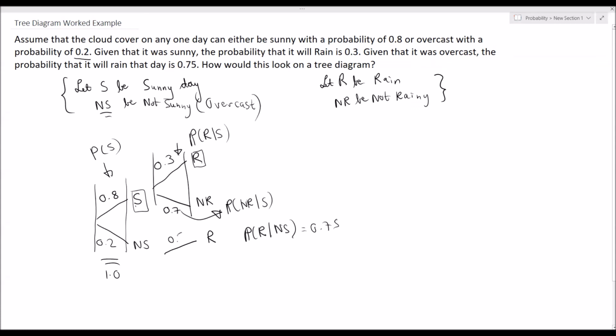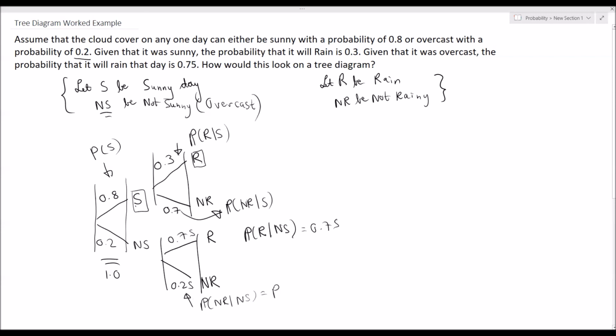And this is this branch over here, 0.75. Then we have not rainy. If this is 0.75, as I've said, the total of the branches originating from one point has to be 1. So 0.75 plus 0.25 totals up to 1. This is the probability that we have no rain, given that it was not sunny.